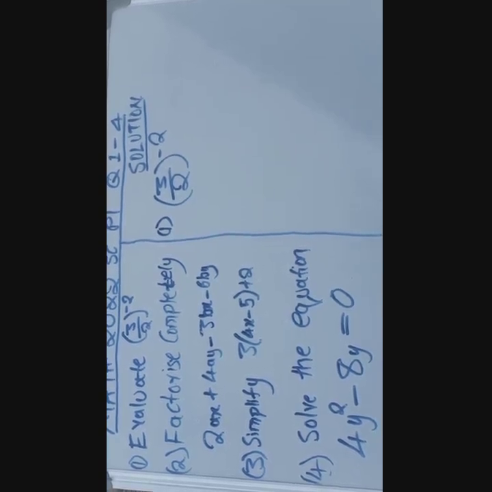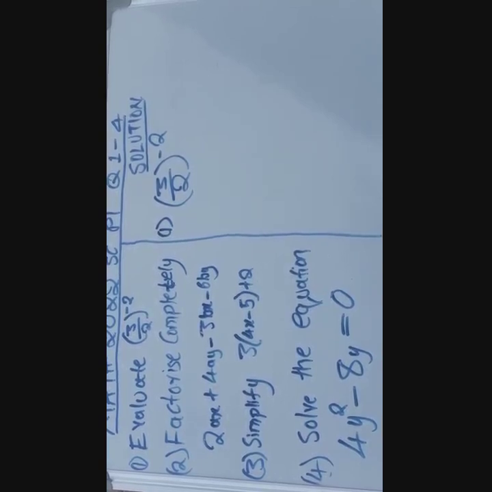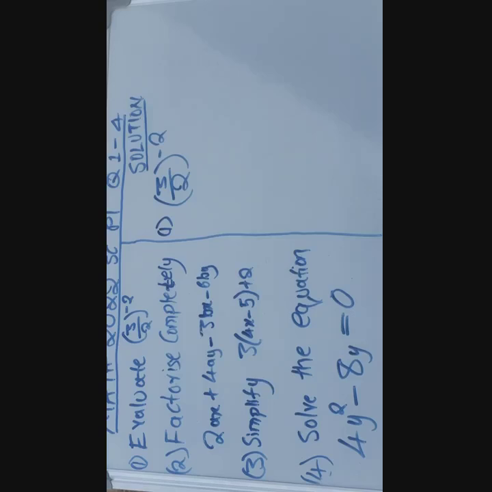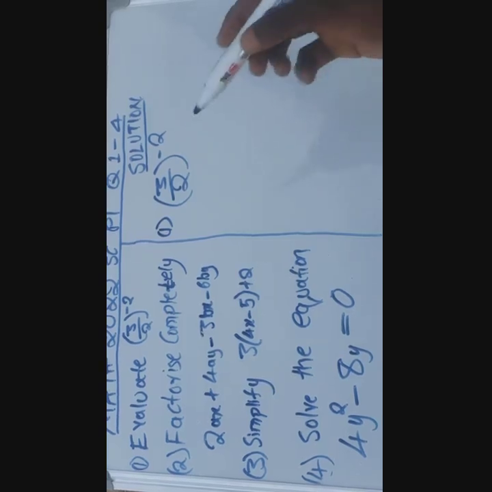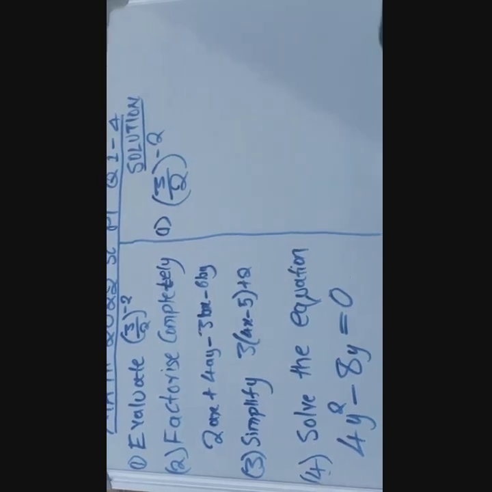Now the first thing that you have to consider when evaluating is the power. In this case we have the power, which is negative 2. Apart from the power, you also consider where the power is, whether it is outside the brackets or not. In our case, it is outside the brackets.